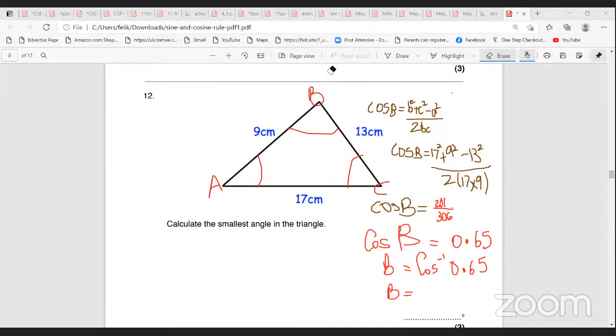No, miss, I still get 0.86. I put a cos inverse and then put in the 0.65 and I'm still getting 0.86.